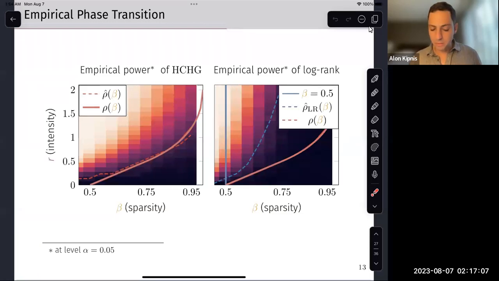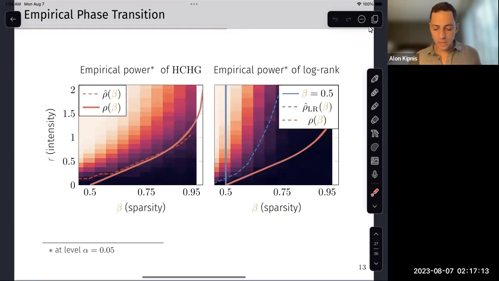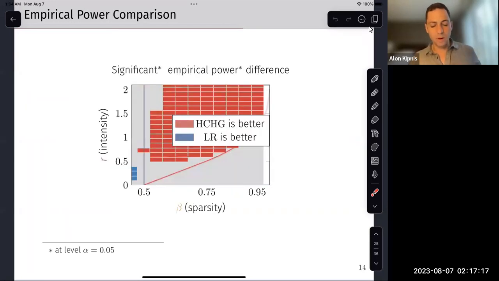Perhaps the empirical phase transition curve may be somewhere here, but it still means that higher criticism is much better than log rank in this area. This is a comparison that we make with simulation, comparing when higher criticism of HCHG is significantly better than log rank, and we get this picture here. So it's definitely better to use HCHG for very sparse signals.